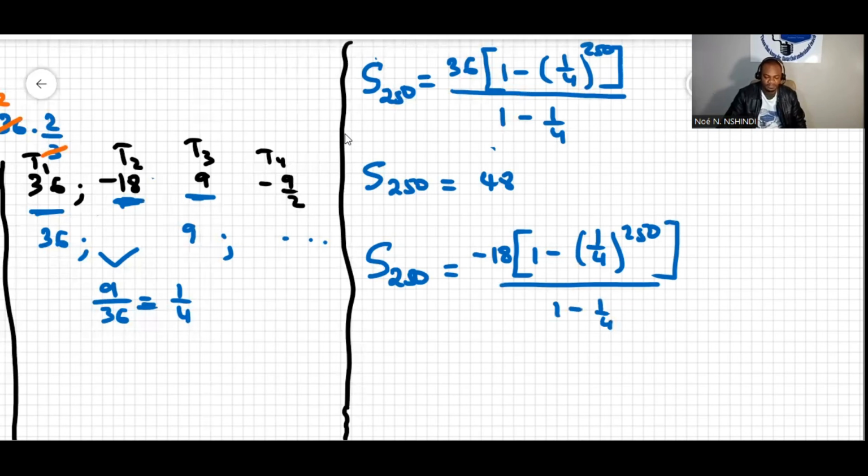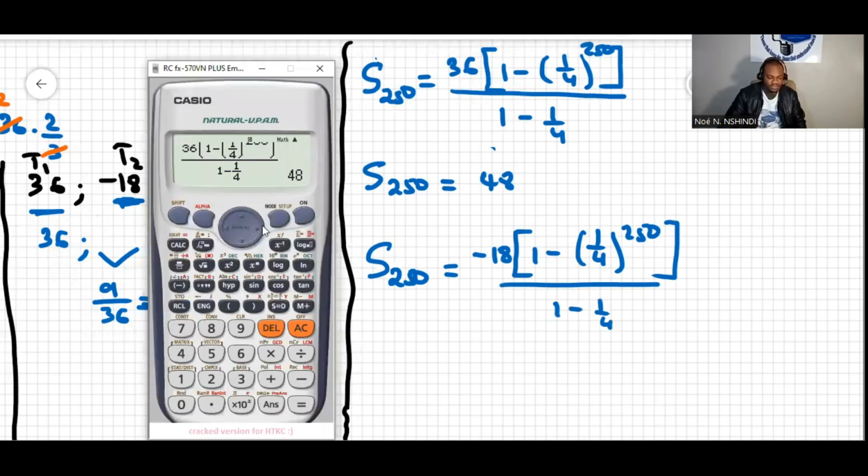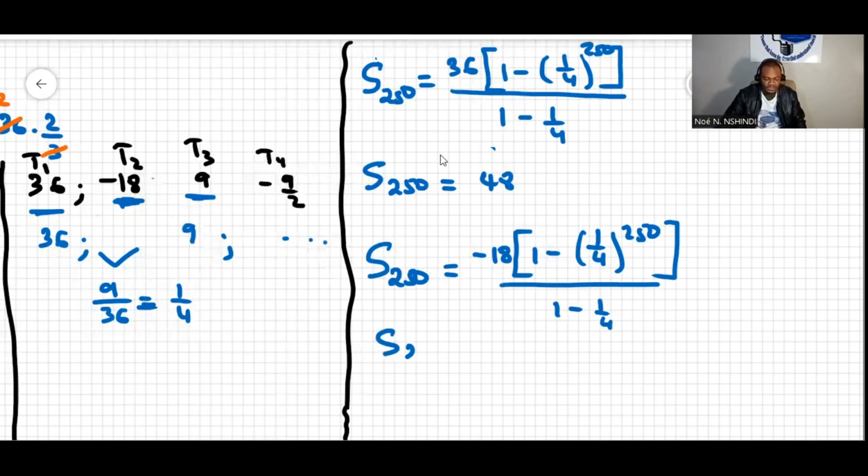So over here, I just want to change 36 by -18. When we hit equal, this is equal to negative 24. So S250 here is equal to negative 24.